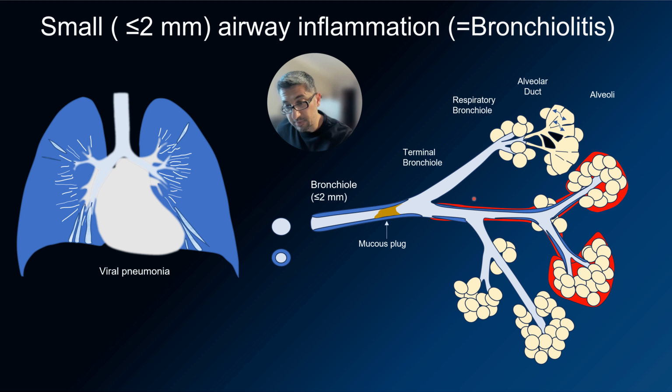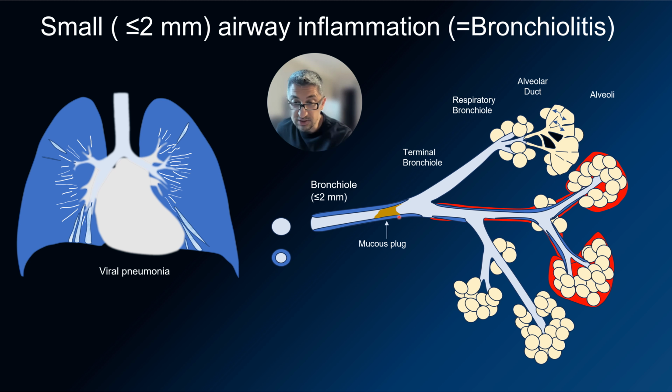And there is inflammation in the peribronchial interstitium and perialveolar interstitium. And when there is additional mucous plugging, that will cause atelectasis.